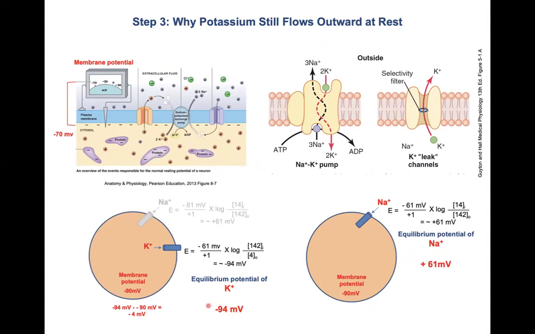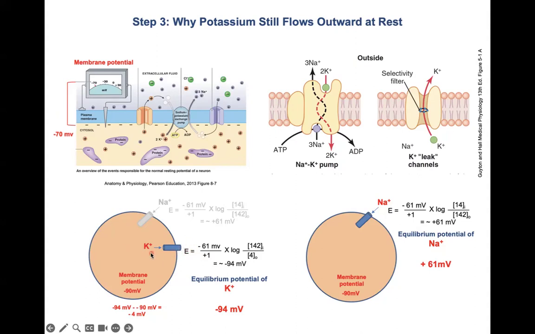Because the cell is not quite at potassium's equilibrium, there is still a small driving force for potassium to leave the cell. In other words, at minus 70 millivolts, potassium is not perfectly balanced, so it continues to leak outward.